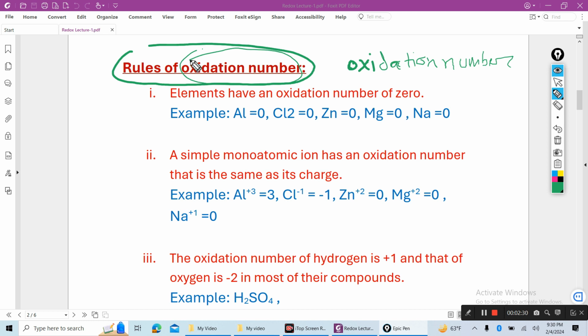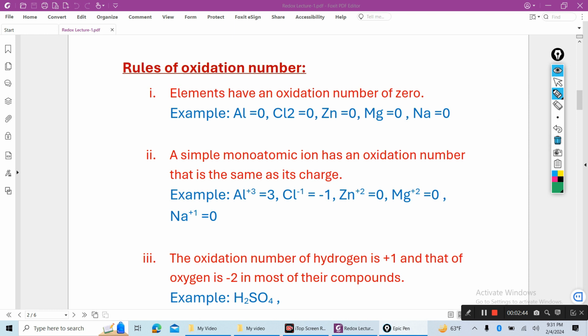So if sodium loses one electron, sodium becomes a single positive ion, so the oxidation number of sodium is +1. Oxidation number is the number of electrons that an atom gains or loses.